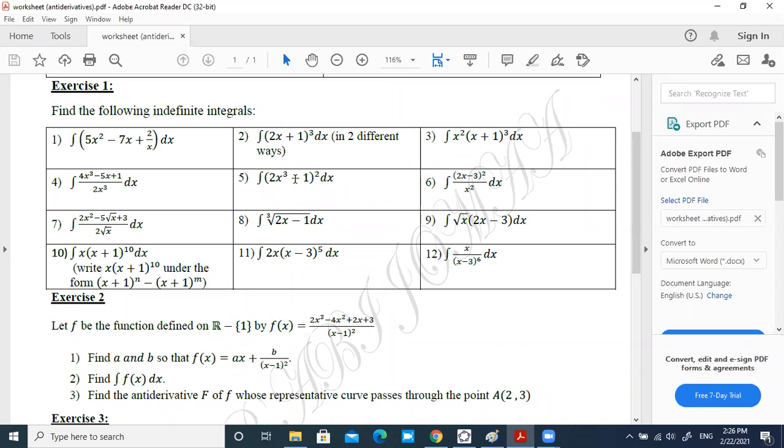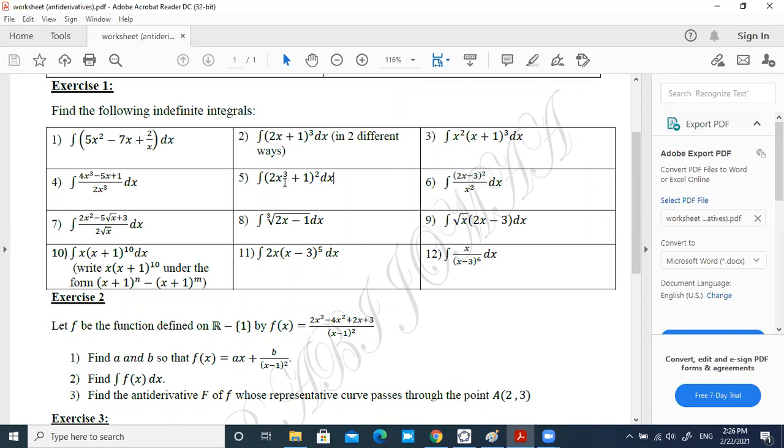Can we apply the same idea here? No, Ustad, because it is x to the power 3, not x. Here it is not linear.